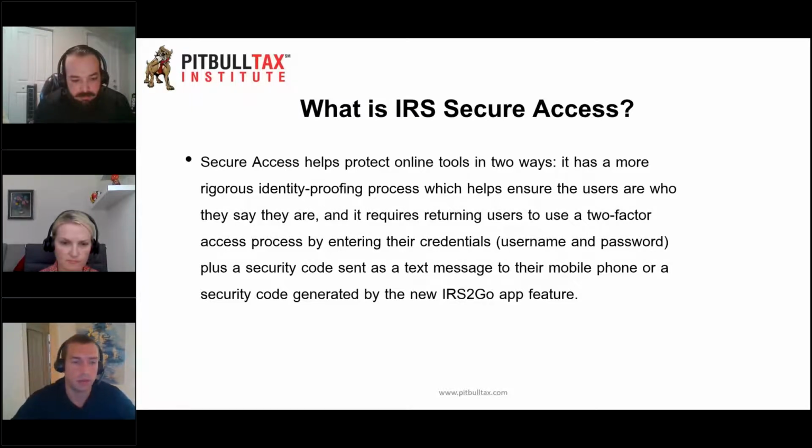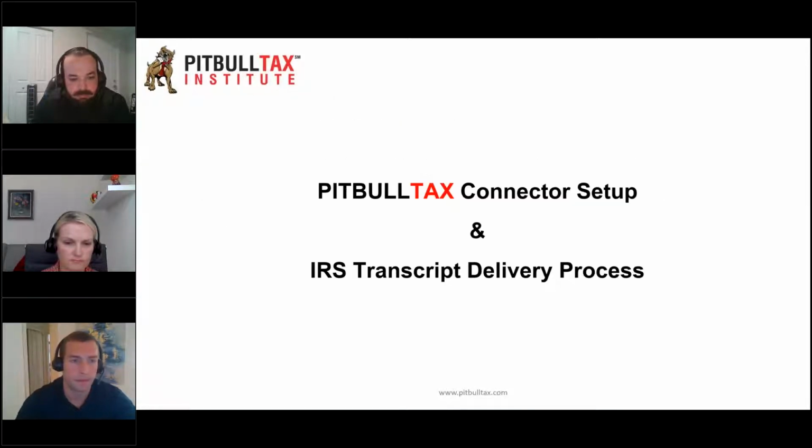So we have a mobile app that you can use when you're on the go. If you're not at your PC and you have transcripts to pull, you can enter the secure access code into our mobile app also. And it does mention the IRS2Go app feature here as well. So you can have it set up to send the code to your IRS2Go app instead of to your mobile phone as a text message. That is another option in receiving the secure access code.